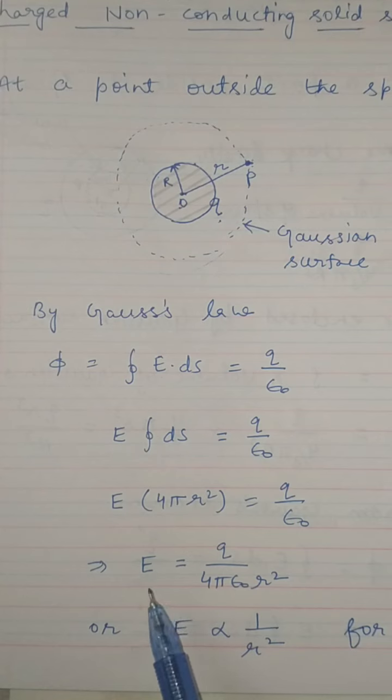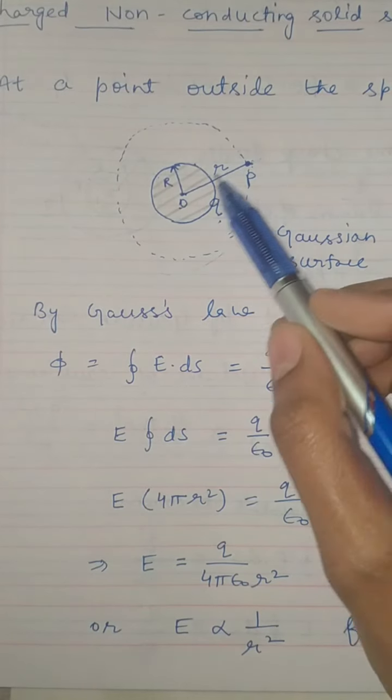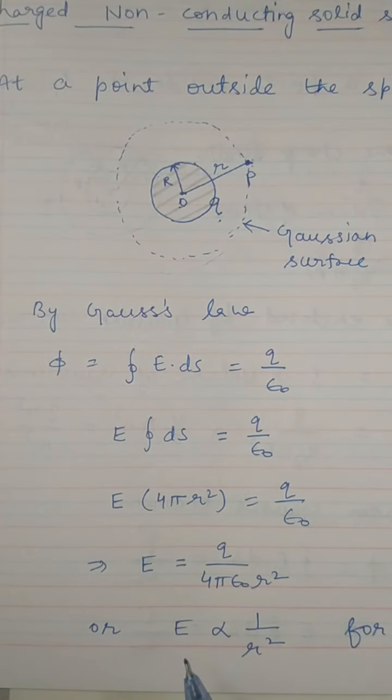So if we see the variation of electric field with the distance r from the center of the sphere, we can depict that E is proportional to 1 upon r square, or E is inversely proportional to the square of the distance from the center.